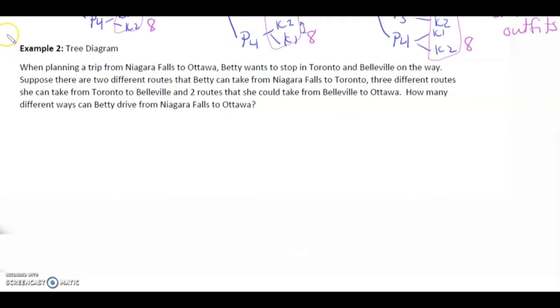When planning a trip from Niagara Falls to Ottawa, Betty wants to stop in Toronto and Belleville on the way. So we're going from Niagara Falls to Toronto, to Belleville, then to Ottawa. Suppose there are 2 different routes she can take from Niagara Falls to Toronto: T1 is the first route and T2 is the second route.